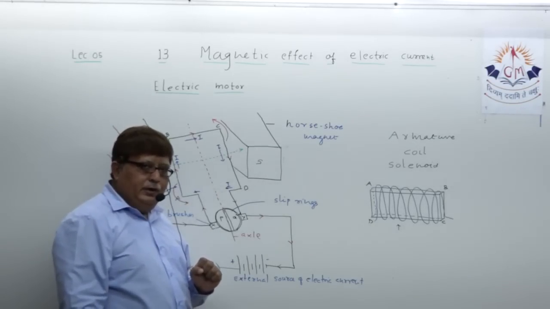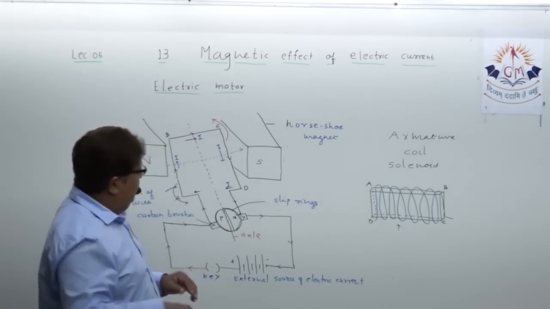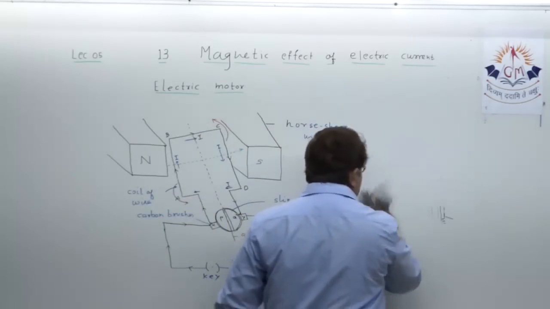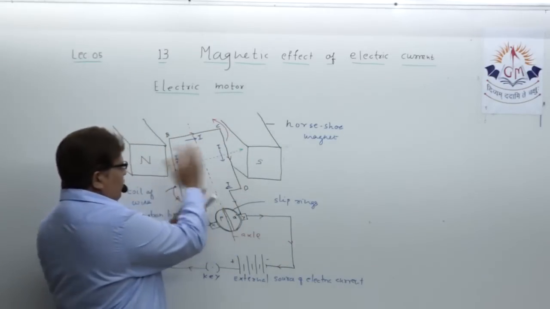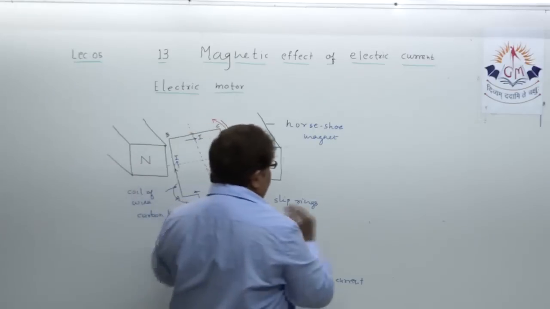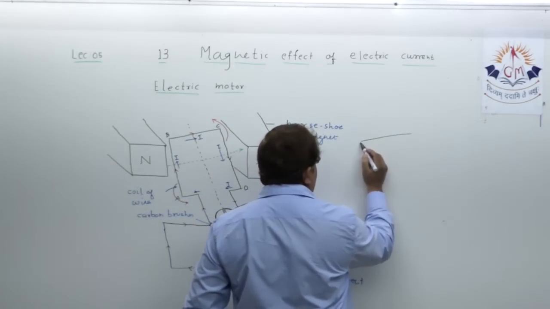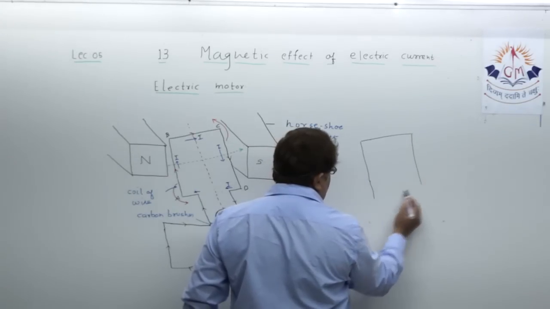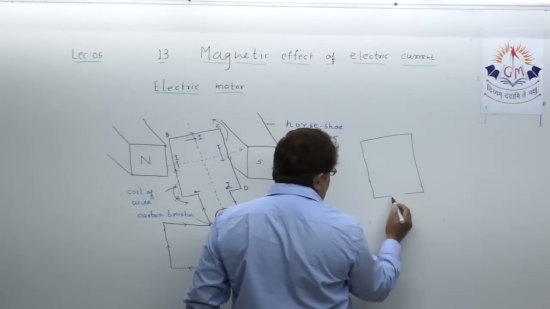Okay, dear student, the rotation of the coil completely changes this. I am just showing it here. Just try to understand what happens. The coil has gone through half rotation, so the new position of the coil is looking this way. Okay, what is it going to look like?